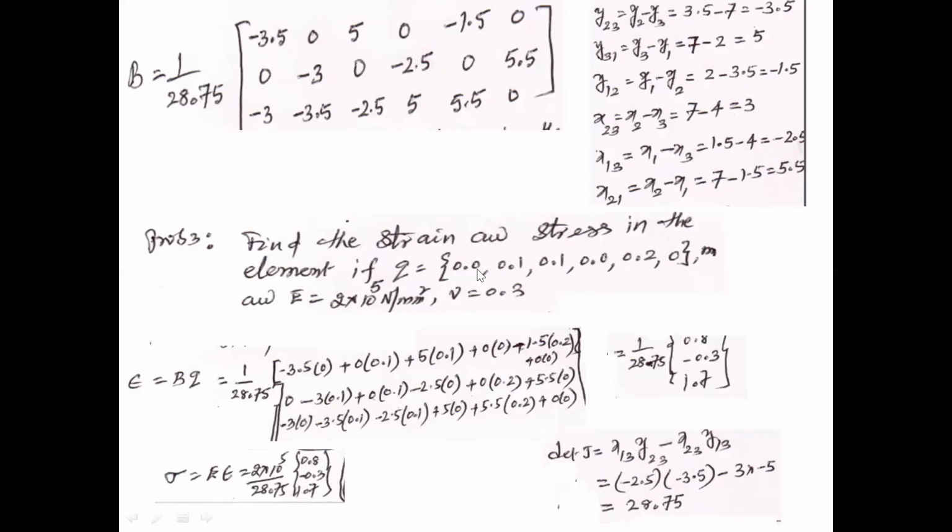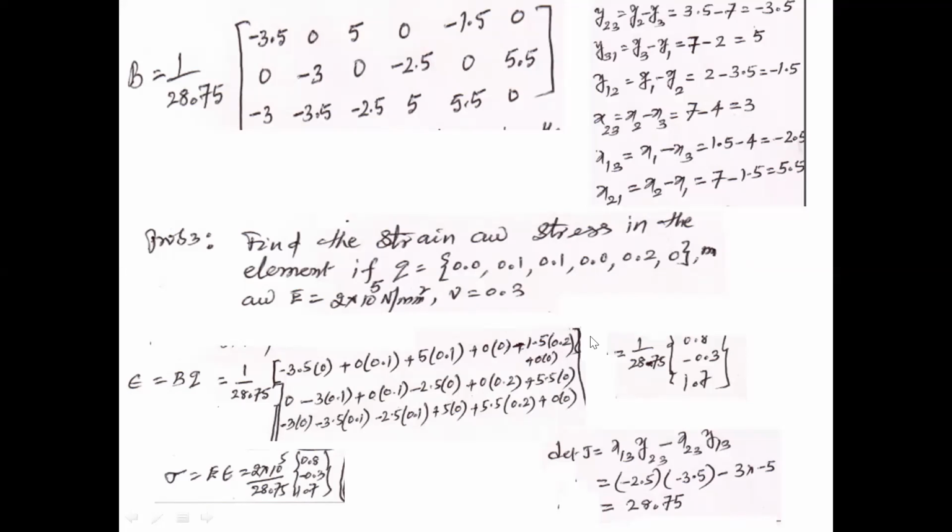So Q1 is 0.0 and Q2 is 0.1, Q3 is 0.1, Q4 is 0, Q5 is 0.2, Q6 is 0. Young's modulus is 2 into 10 to the power 5 megapascal, Poisson's ratio 0.3. So assume that these are in mm, so that you can have consistent units, and you can substitute in the B matrix so that epsilon is BQ. You can first substitute the B value, then multiply with Q's.